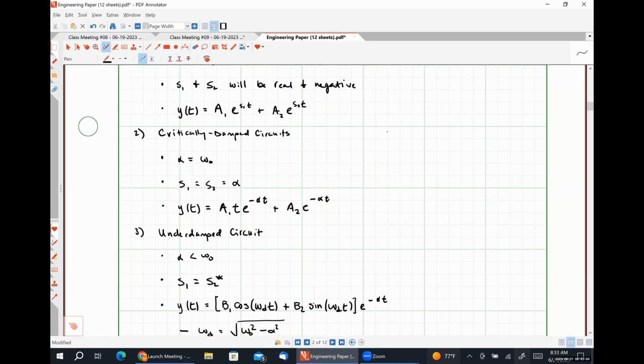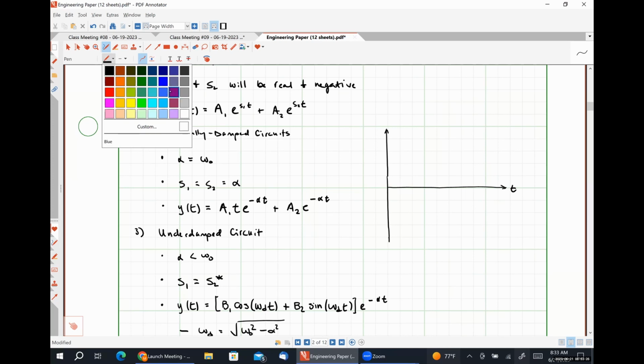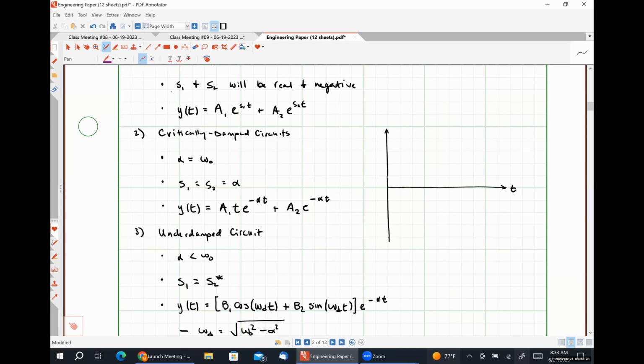And so I'm going to plot them against each other generically here, so that we can get an expectation for what these curves are going to look like. So let's start with a critically damped circuit, which I'm going to do in purple. Okay. So I'm just going to put a purple dot here to let us know that's what this curve is.